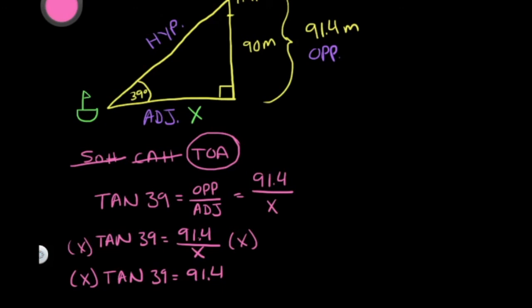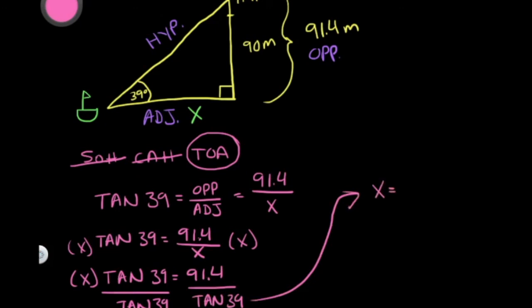Well, if I divide both sides by tan 39, that will get the x by itself. Those two tan 39s will cancel out. So now I have x equals 91.4 over tan 39.